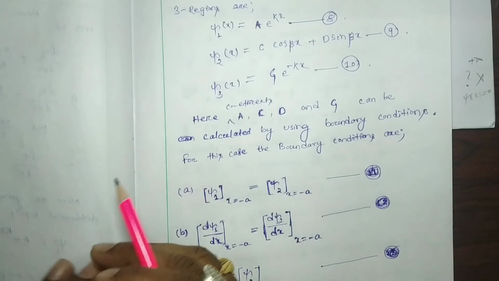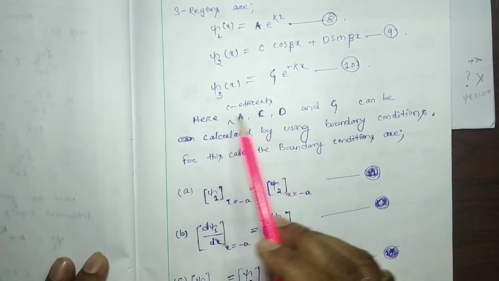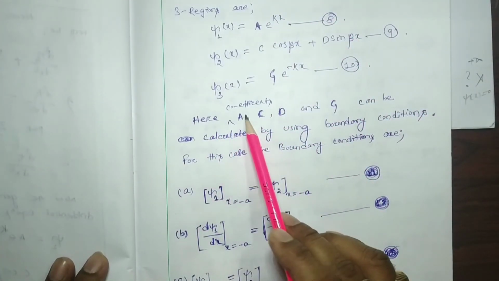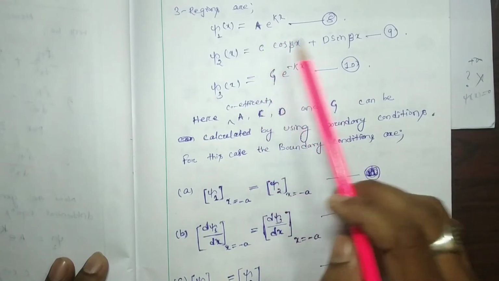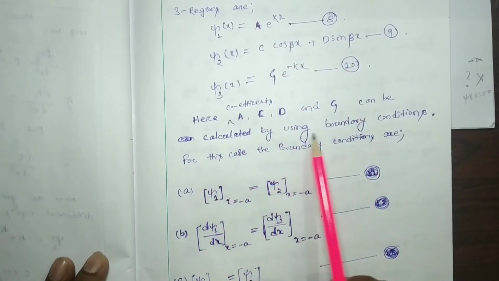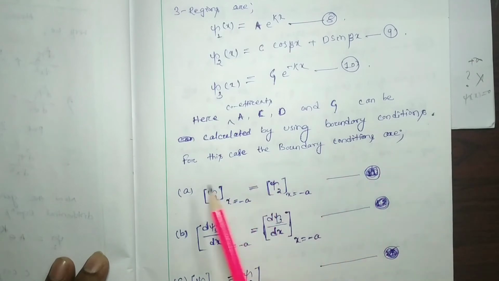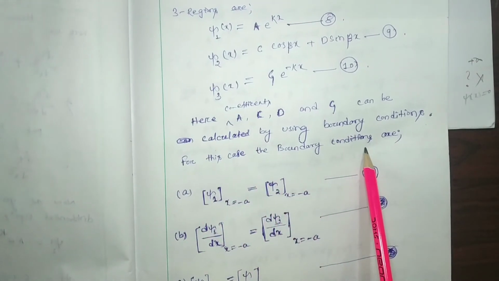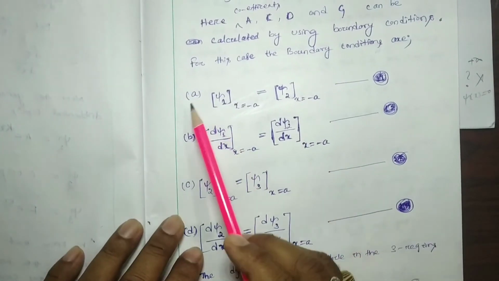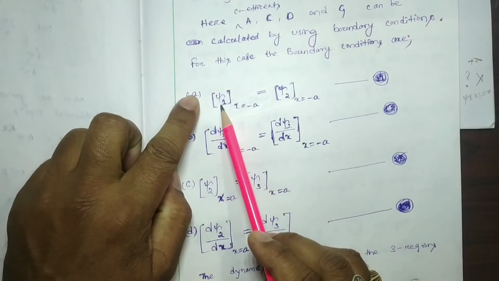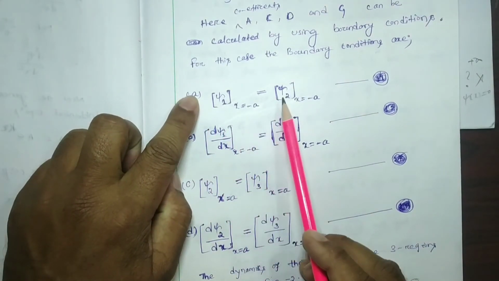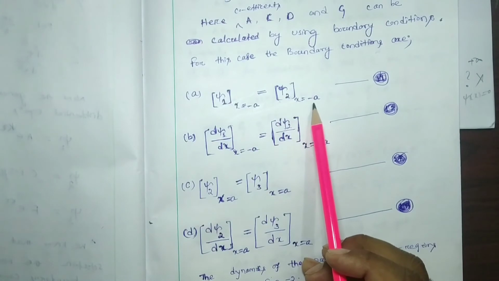And we know that these are the so-called coefficients, and these coefficients a, c, d, g can be calculated by using boundary conditions. For this case the boundary conditions are: psi 1 at x equals minus a will be equal to psi 2 at x equals minus a.